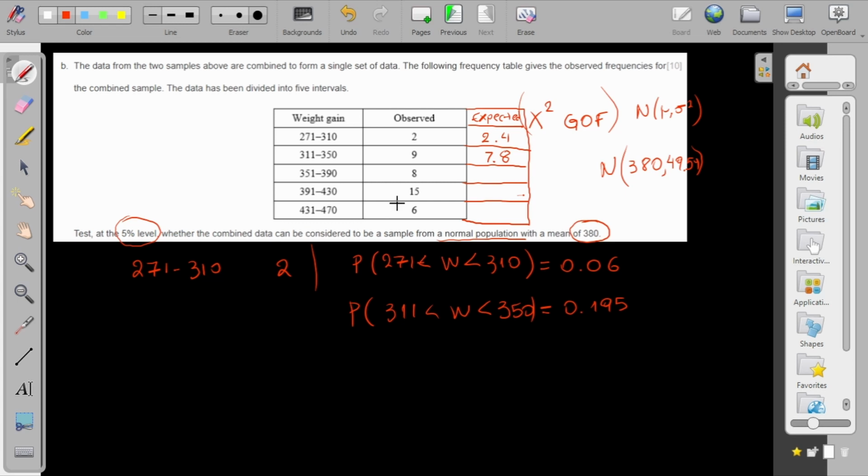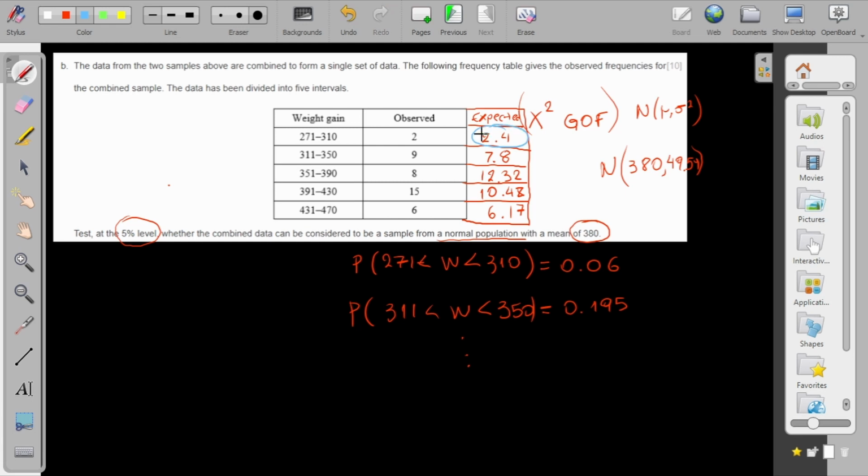So let me stop the video. Now all the values, as you see, I calculated all the expected values from the probabilities. Now how should I input these values, the observed and the expected, in my calculator? But before doing that, I must always pay attention if I have any value less than 5 in my expected values.